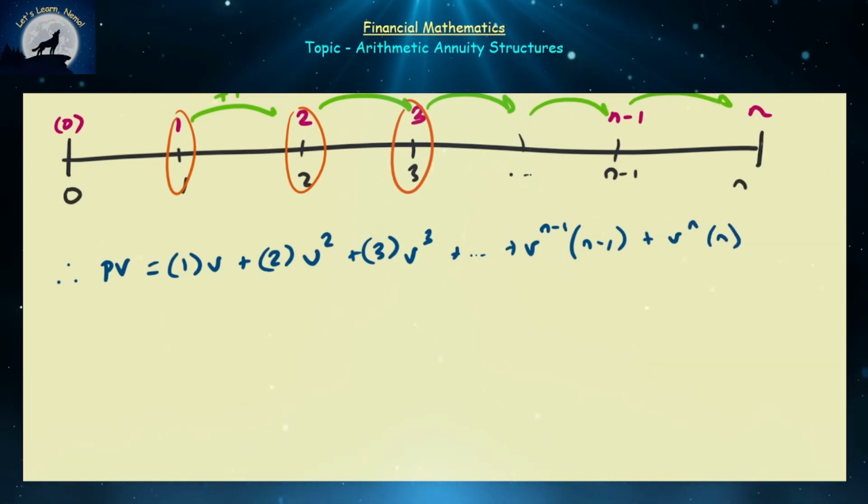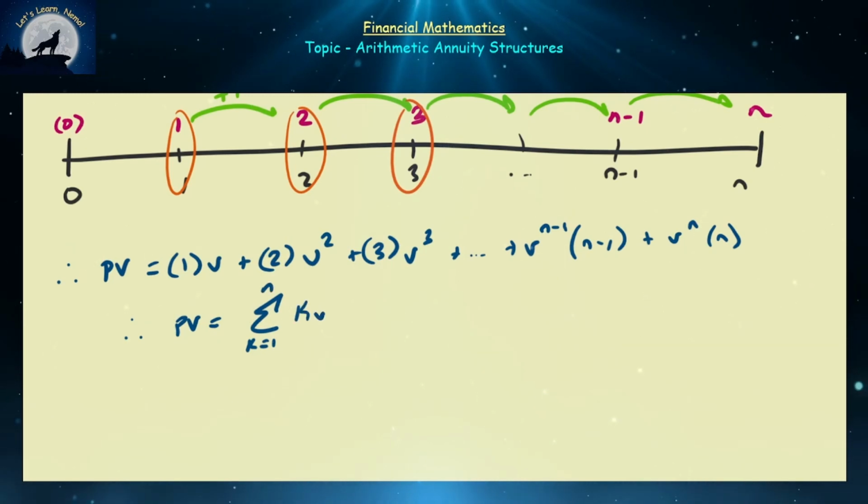So that would be the present value, and we can write that present value in a more simplified fashion as the sum from k equal to 1 to n of k nu to the power of k, because we have the value in front times the discount factor nu to the k.